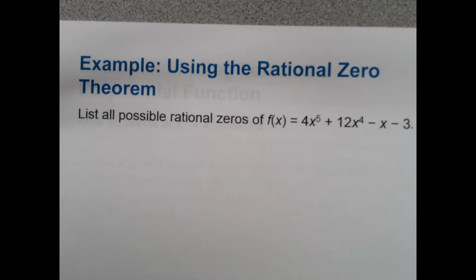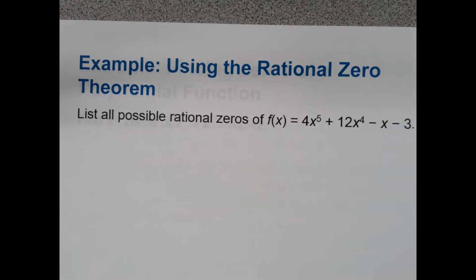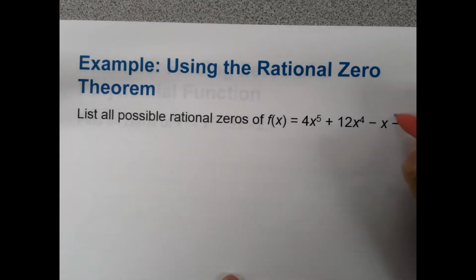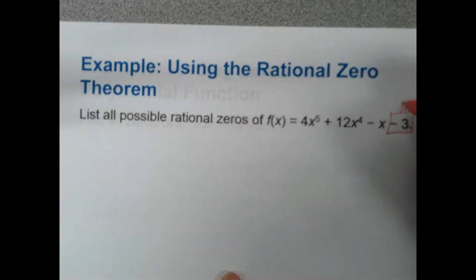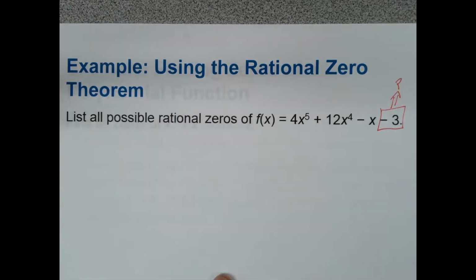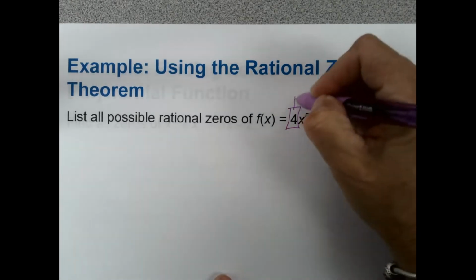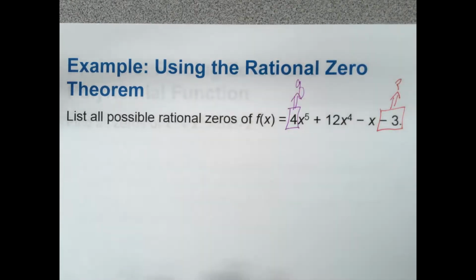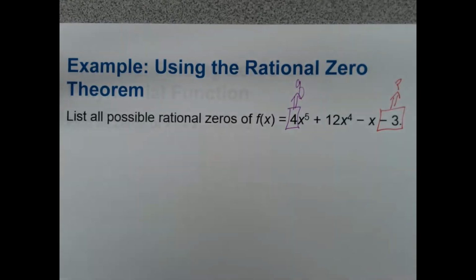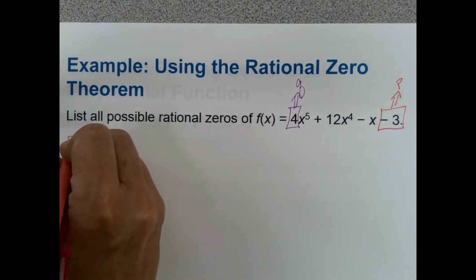List all possible rational zeros of f of x. Our P's will come from the -3, and our Q's will come from 4. So I'm going to list out what my possible P's are.